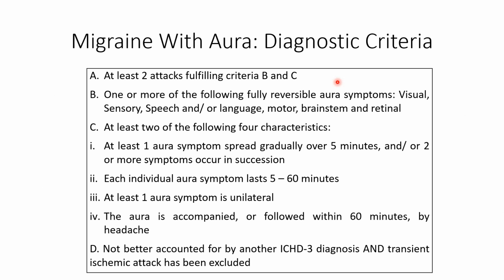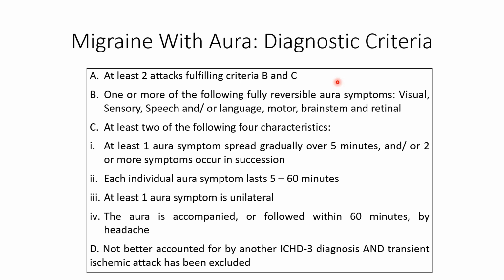Migraine with aura, again, requires at least 2 attacks which fulfill the following criteria: one or more fully reversible aura symptoms. The aura may be visual, sensory, speech, motor, brainstem, or retinal.